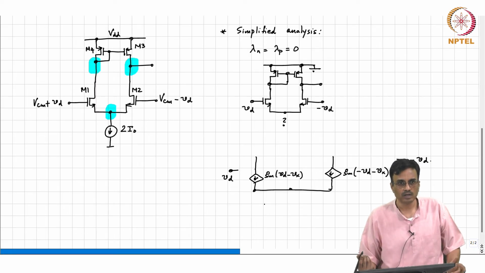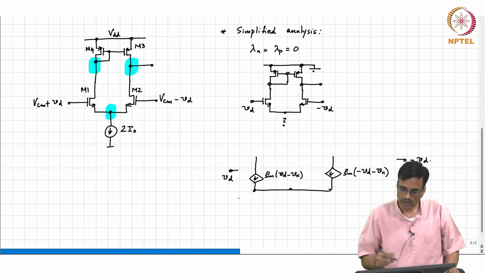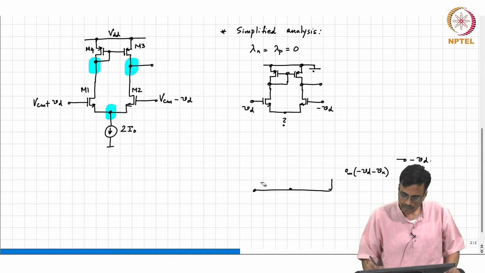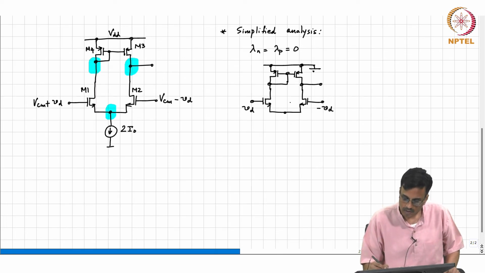So, the only way the sum of the currents can be 0 is V x equal to 0, understand, all right. So, this incremental voltage is 0.